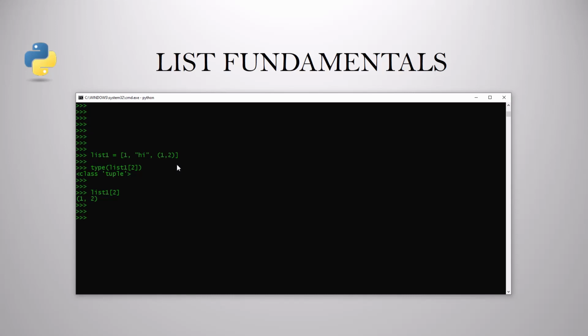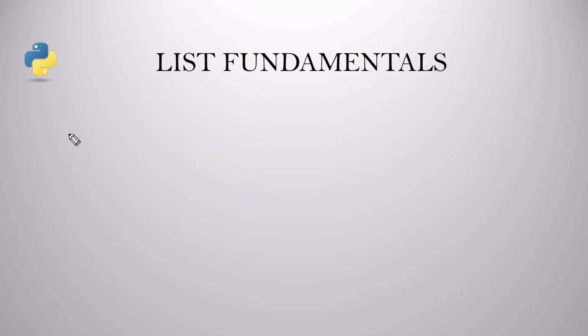Similarly, we can also slice. For example, if we slice the list L1 starting from element 1 to the end, we will get 'hi' and the tuple. One thing to note here: every time we slice a list, we get a new list. We can nest lists and other types of objects within a list. To access an element of the other list or object, we need to string together index operations.